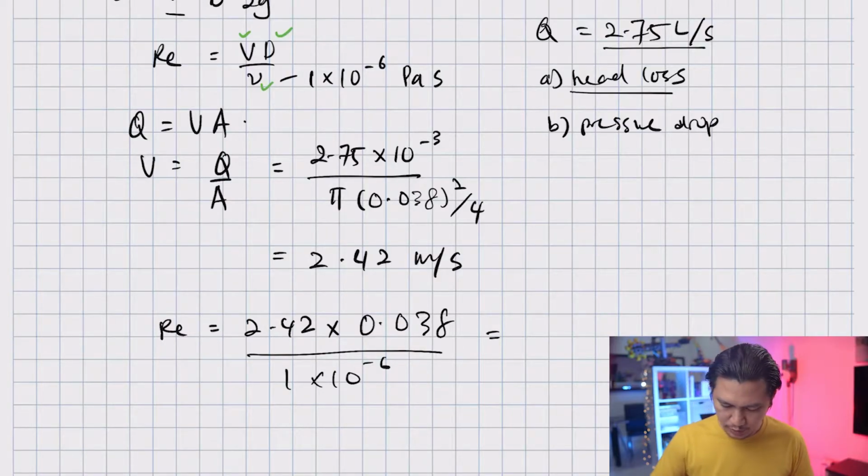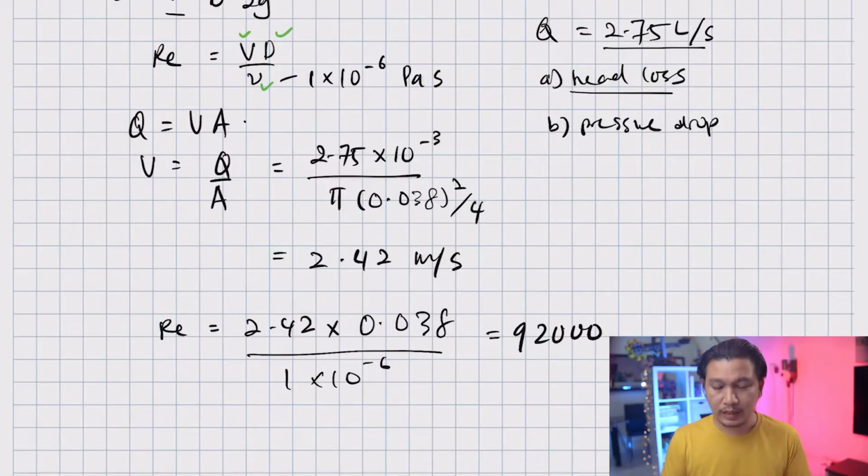And we end up with 92,000. This is quite far from 4,000, our critical point between laminar and turbulent, so this flow is definitely turbulent based on the Reynolds number.